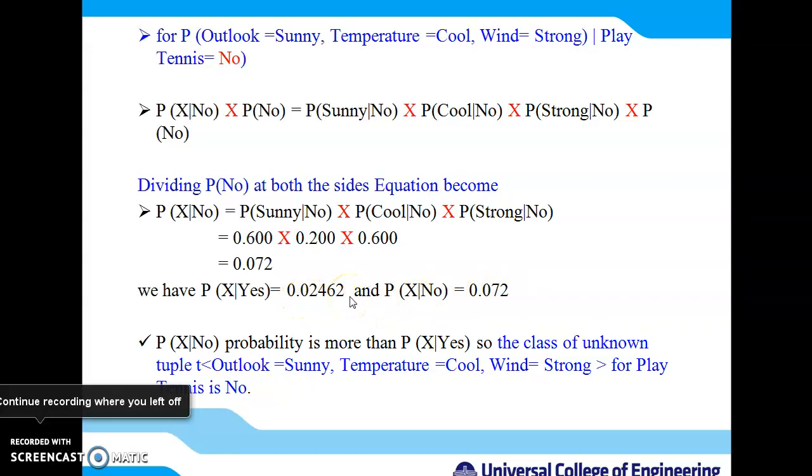So we take the larger probability, and that will be our final answer. The probability of unseen tuple x for decision no is more than for yes. So the class for the unknown tuple outlook sunny, temperature cool, wind strong for play tennis is no.